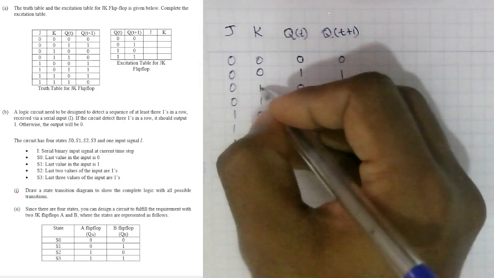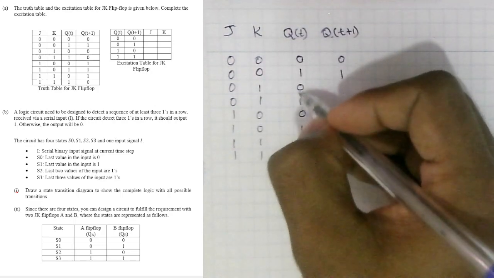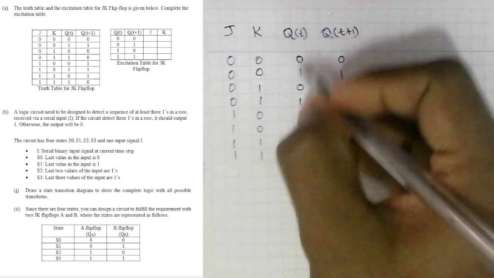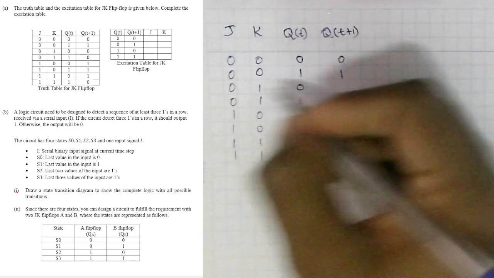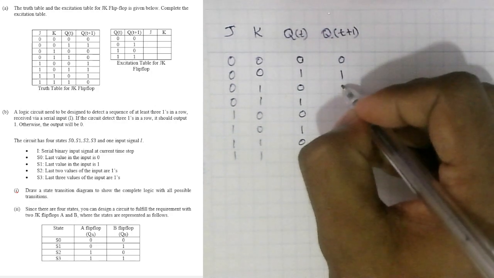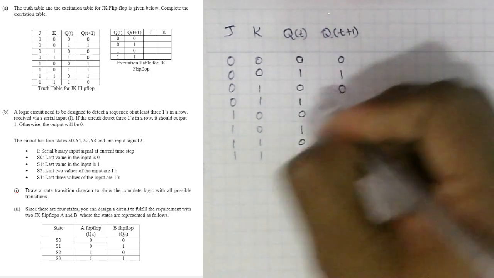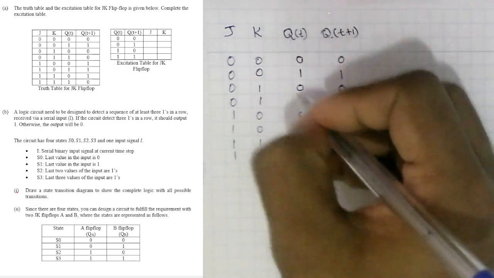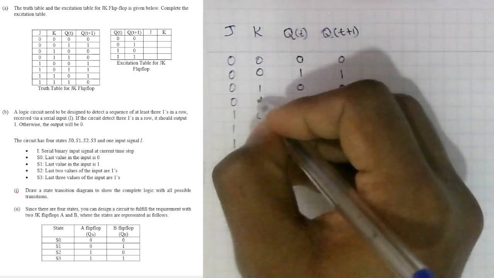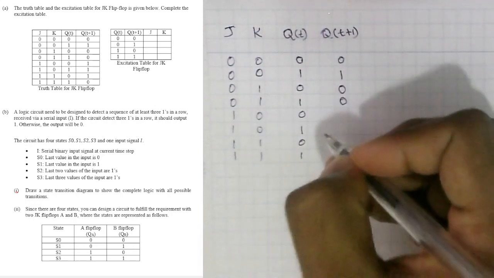And if K is set but J is 0, no matter what the current state of the JK flip-flop is, we will be having a reset. So K is acting as a reset, so we will have a 0 here. Even though we mention the current state here, it doesn't actually matter in this case. If K is 1 and J is 0, we will be setting it to 0.